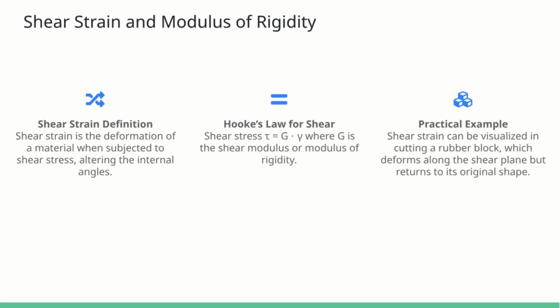It indicates whether the material can withstand the load or not, and beyond that, the material is brittle and fractures. Shear strain can be visualized by cutting a rubber block, which deforms along the shear plane but returns to its original shape.